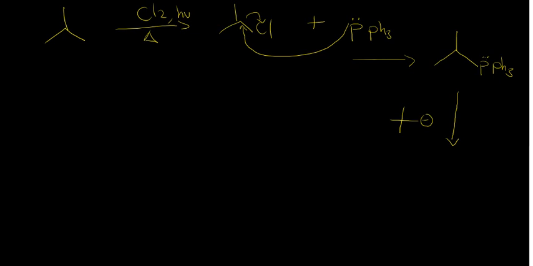It will come and get the hydrogen which is here. Then here we have a lone pair of electrons, and the product we are going to have will look like this.